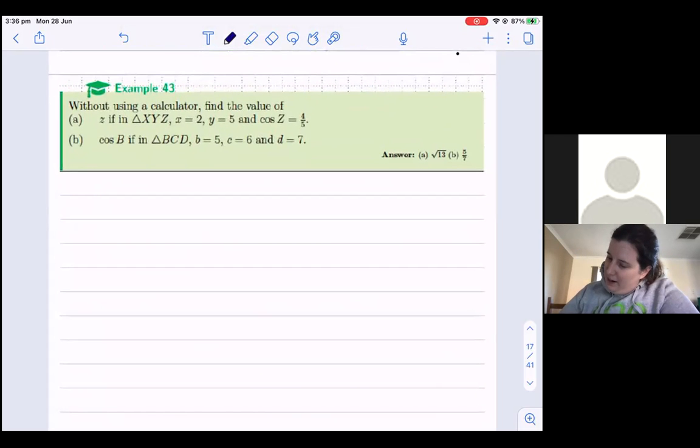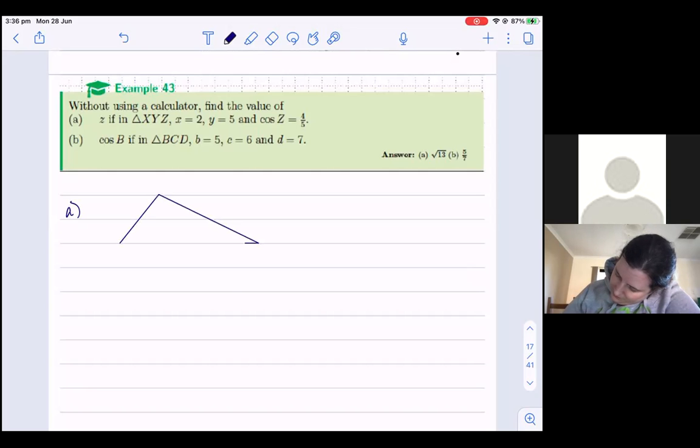Without using a calculator, find this. We've got a triangle XYZ, which means this one must be little x, this one must be little y, this one must be little z.